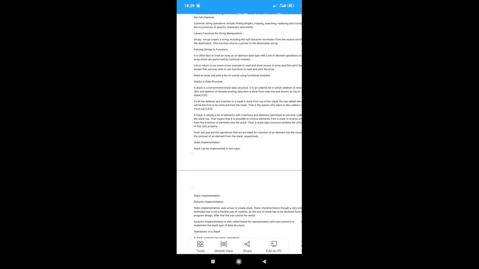But when the data items to be carried out are in different operations, then you call them non-homogeneous.